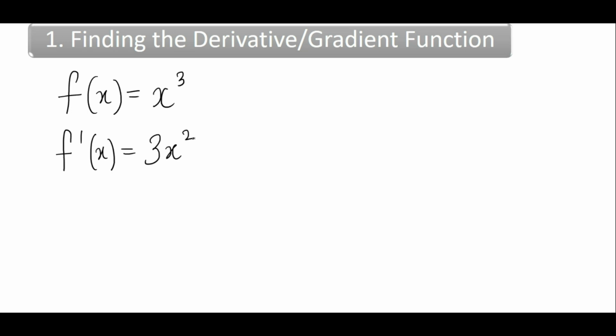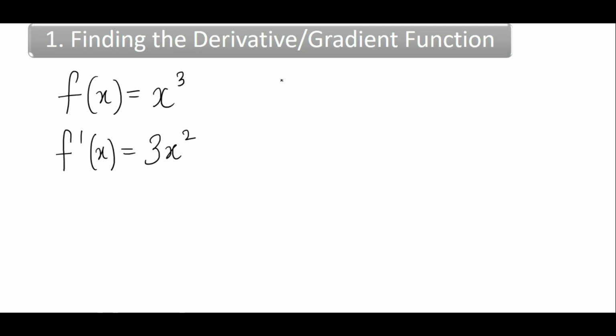In the first topic, finding the derivative or the gradient function, you should be knowing the basic rules of differentiation. For example, if a function f of x is equal to x cubed, then the gradient function f dash of x is equal to 3x squared.